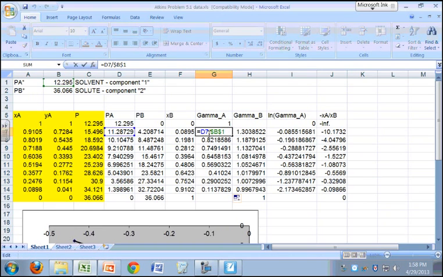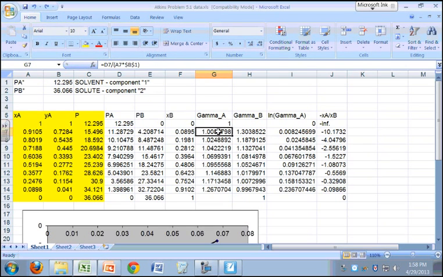Okay, so this one right here, gamma sub A, would be, oops, I think I did the wrong thing. Back up. Okay, this one right here, you'll notice this is D7, which is PA right here, okay?